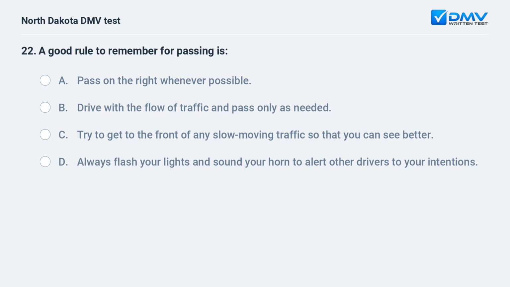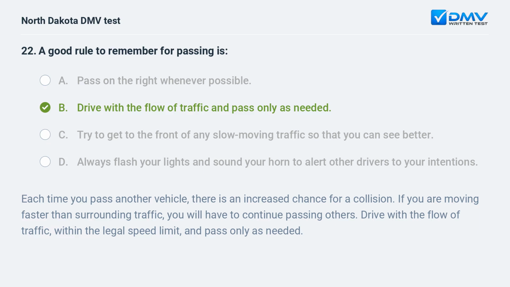A good rule to remember for passing is: A. Pass on the right whenever possible. B. Drive with the flow of traffic and pass only as needed. C. Try to get to the front of any slow-moving traffic so that you can see better. D. Always flash your lights and sound your horn to alert other drivers to your intentions.